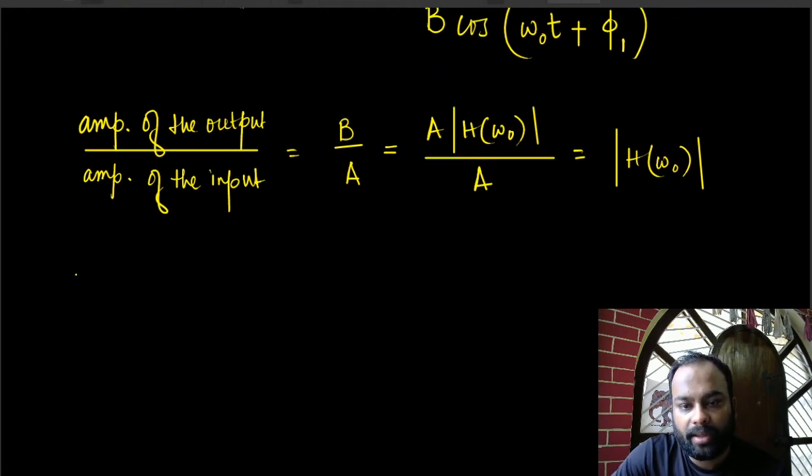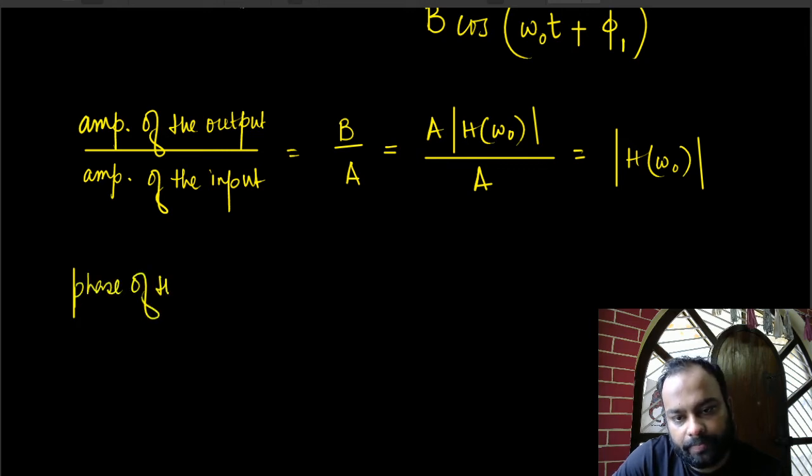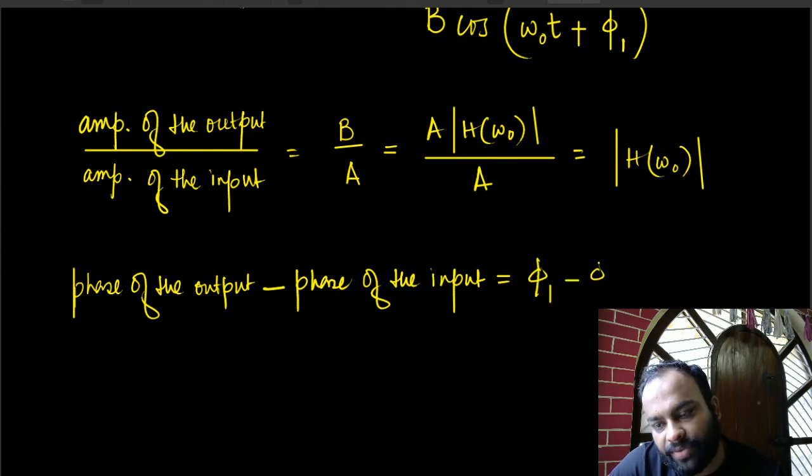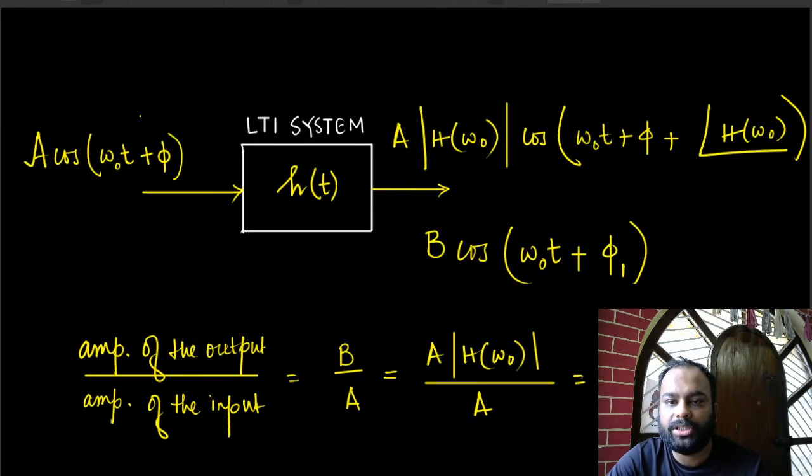And the phase of the output minus the phase of the input, what is that? It is phi 1 minus phi. So this was the phase of the input and this is the phase of the output.